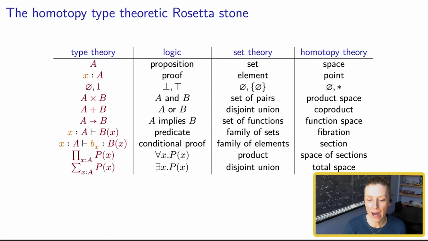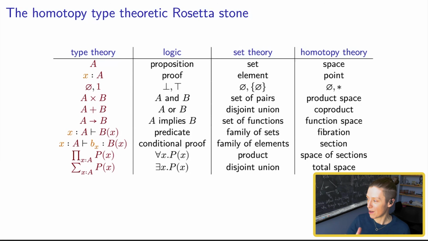In set theory, these are operations on a family of sets. You can form the product of a family of sets or the disjoint union of a family of sets. And in topology, this product is taking the space of sections of a fibration, whereas the sum is taking what's called the total space.